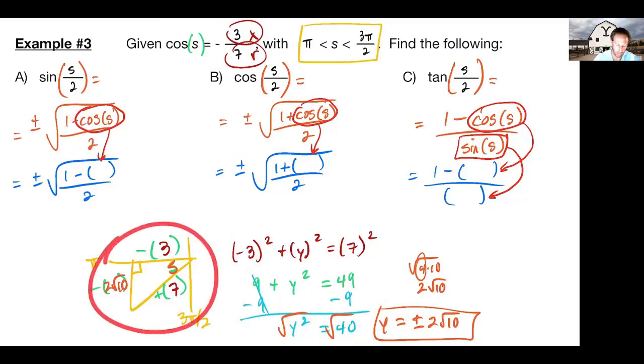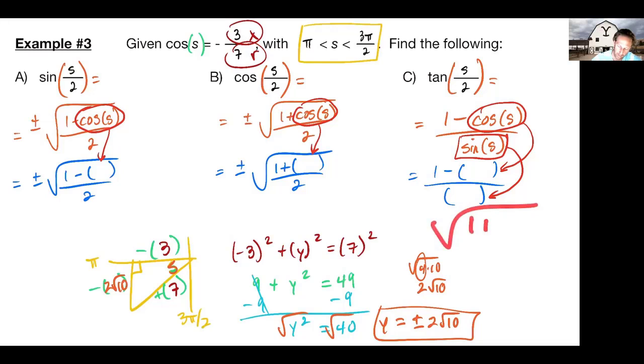If you want to go through this, extra practice or whatever, I just wanted to show you the different ways that you can do it. So since I already have this one set up, I'll go ahead and finish, but otherwise you could use the big square root with the 1 minus cosine S over 1 plus cosine S.